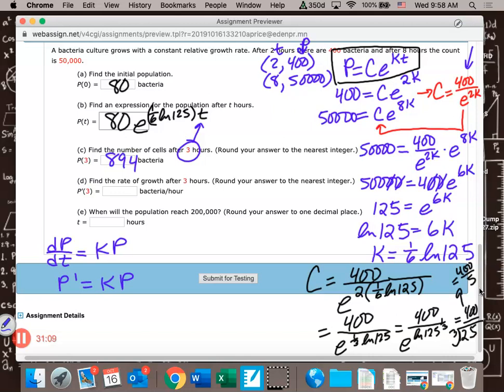So p prime of 3 is just equal to k times p of 3. So whatever you got for part C, you just times it by your k. This is my k. Right? So whatever you got for part C, you multiply times k, and that goes in there.